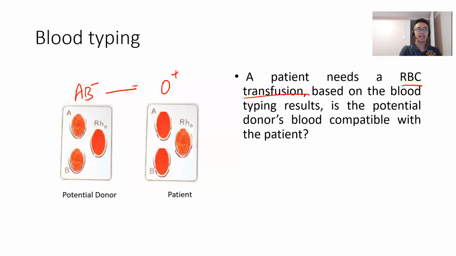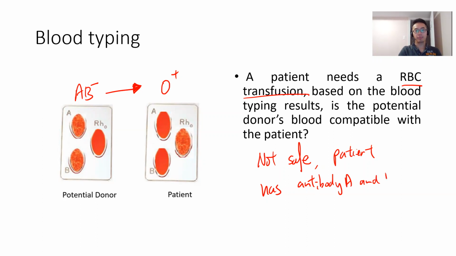So is it safe to transfuse AB negative blood to O positive? Not safe. Not safe. Okay. Because the patient already has antibody A and B in the plasma, right?